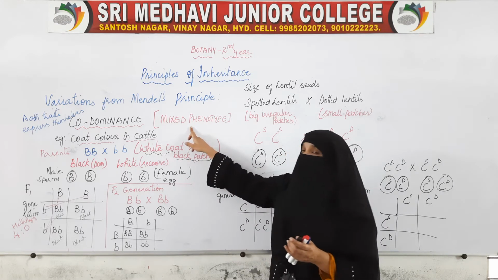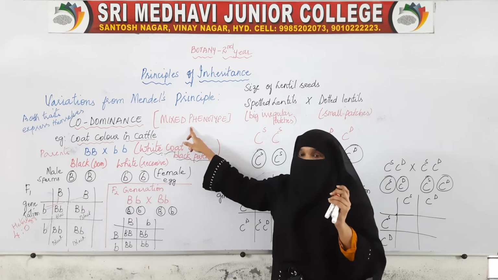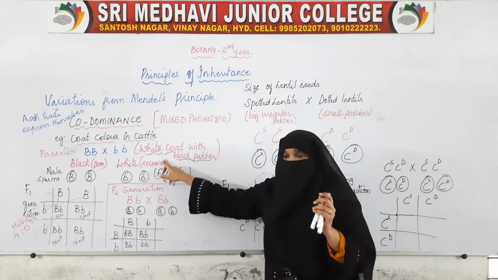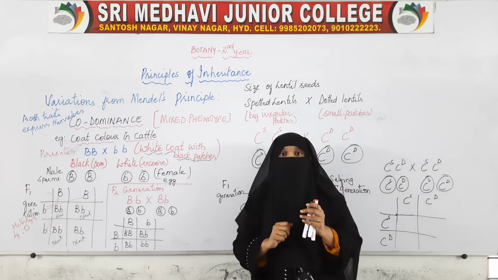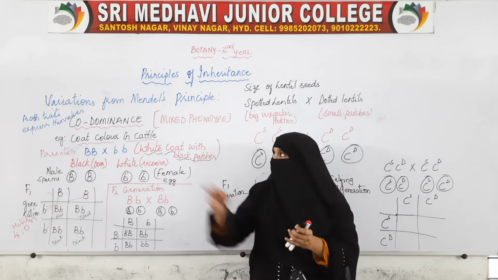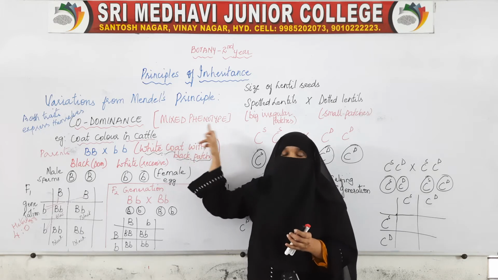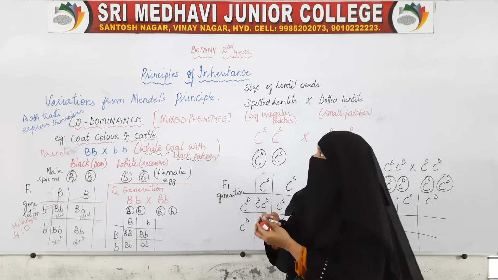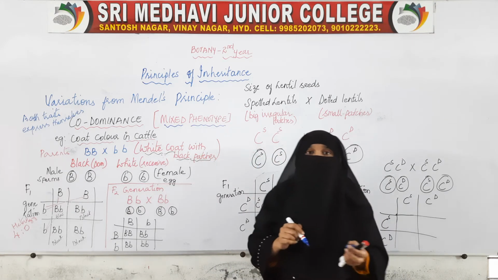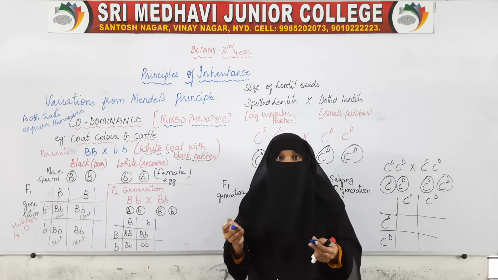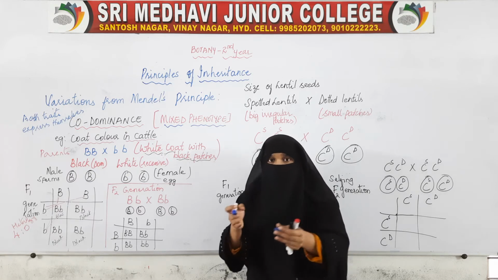Here we get mixed. White is also there, black is also there. A mixture of black and white we are getting. What we are getting in codominance is a mixture of black and white, that is, a mixed phenotype. In incomplete dominance we are getting an intermediate, neither white nor red.